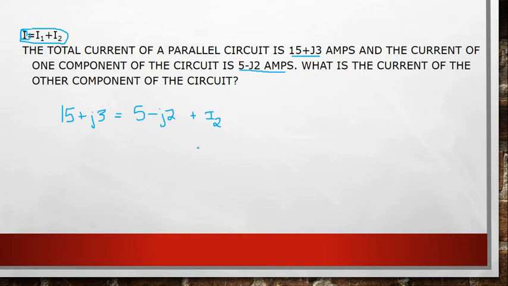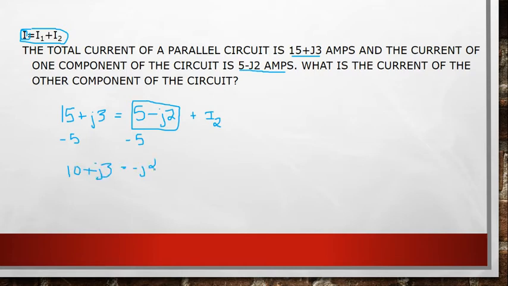The first thing I need to do is get everything over to the other side. So I'm going to first start by subtracting the 5 from both sides. So 15 minus 5 gives me a 10 plus j3 equals a negative j2 plus I2.